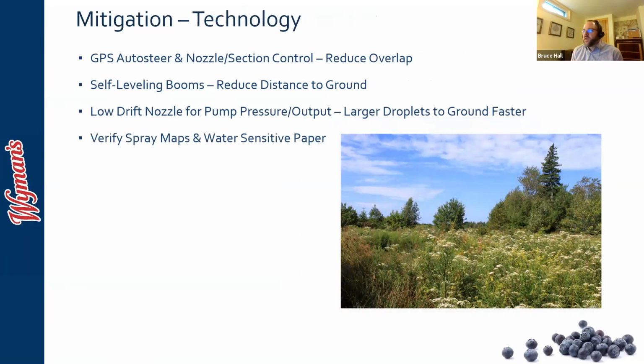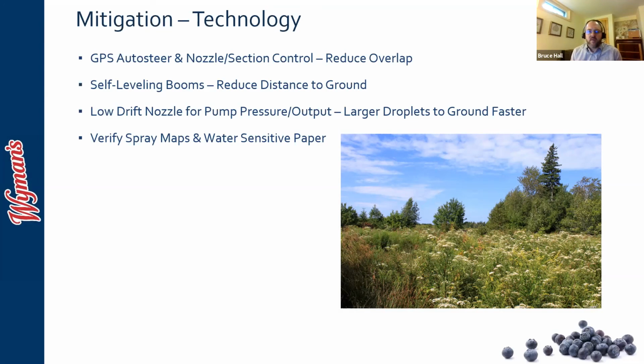And lastly, Christian mentioned some technology as well, and I just want to give a shout out to this. It's really important. Sprayers are incredibly sophisticated machines now. They're computer driven. They utilize GPS auto steers. You have nozzle and section controls and automatic shutoffs, self-leveling booms, low drift nozzles. All of these things are amazing at reducing drift to next to 0 feet from your target.